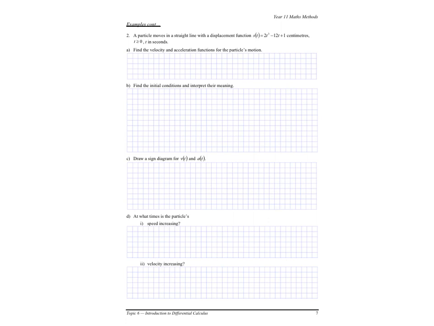A particle is moving in a straight line with a displacement function S of t equals 2t cubed, take 12t plus 1 centimeters. t is greater than or equal to 0. Find the velocity function. Well, velocity is simply the derivative of S of t, and that's going to be multiplied down, subtract 1 from each of those exponents, and give you 6t squared, take 12 centimeters per second.